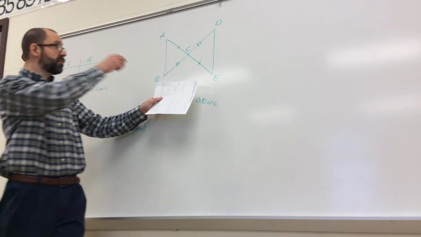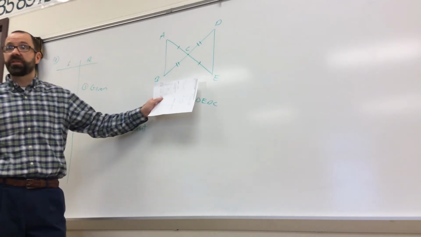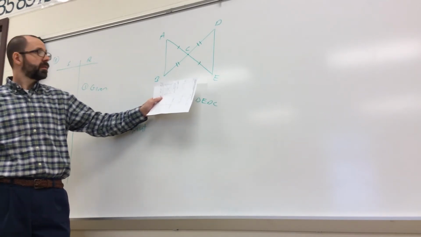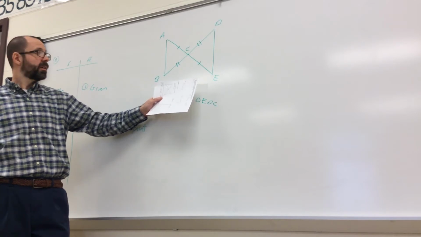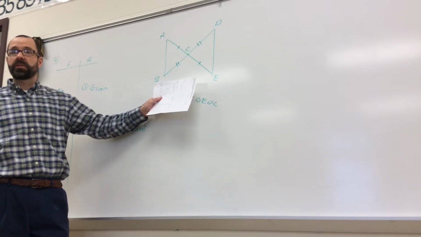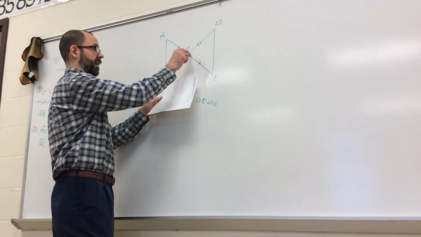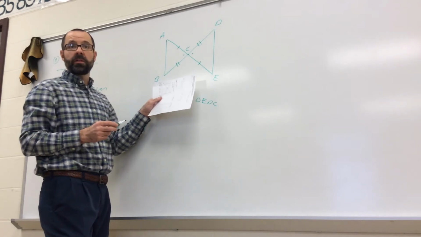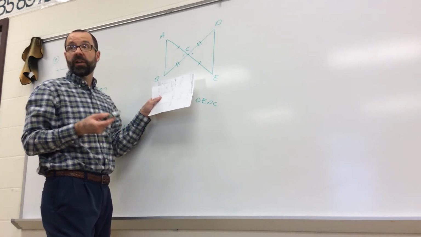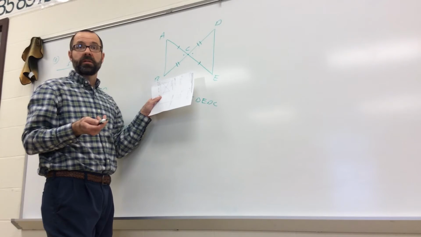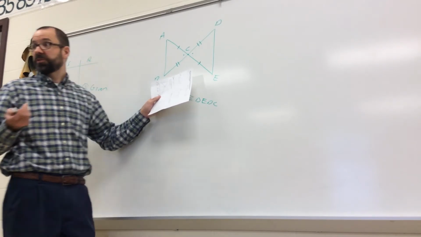So we have to look at these two triangles and try to figure out something else that's congruent. So anything else you can tell that's congruent on these two triangles? What about this angle and that angle? Are they congruent? How do we know? Because they're vertical angles, right? And vertical angles are always congruent.